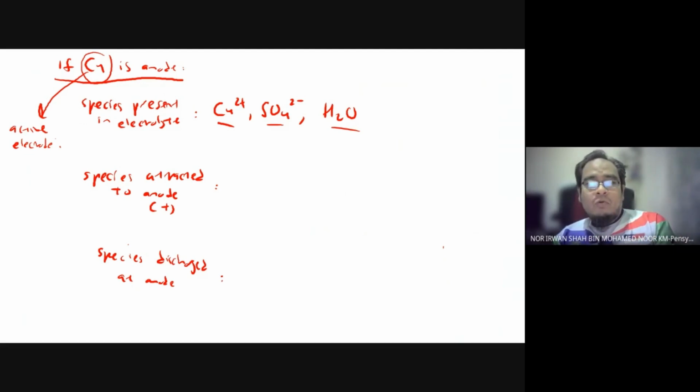So apa akan berlaku? Dalam kes ini guys, sekiranya we are using active electrode, so what happen actually, dekat anode, takkan ada spesies yang akan attracted to anode. Ini tak berlaku guys. Sebab apa tak berlaku? Sebab dalam kes active electrode, what actually happen is copper electrode itself, dia yang akan terlibat dalam half reaction.